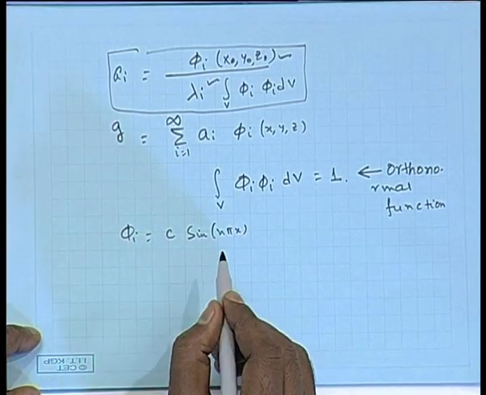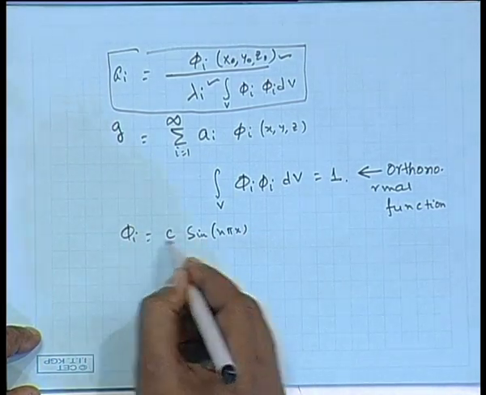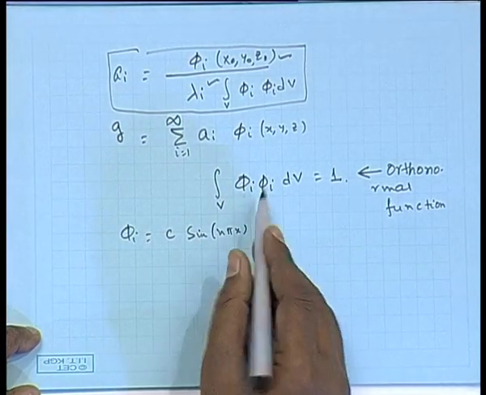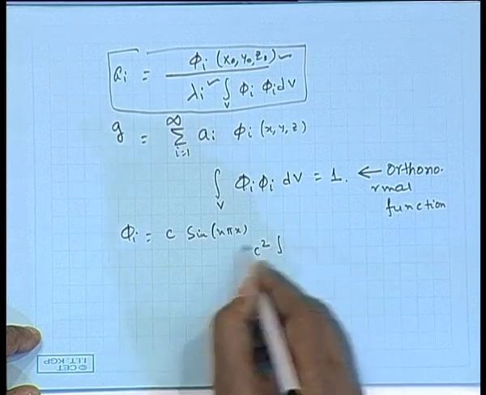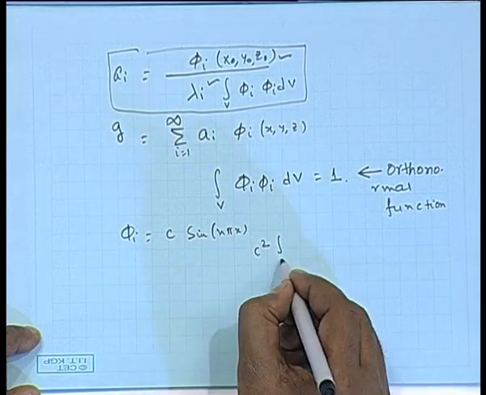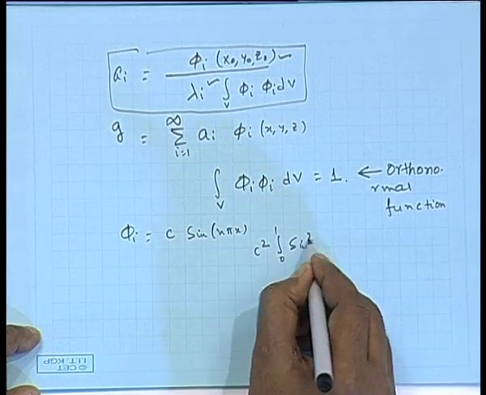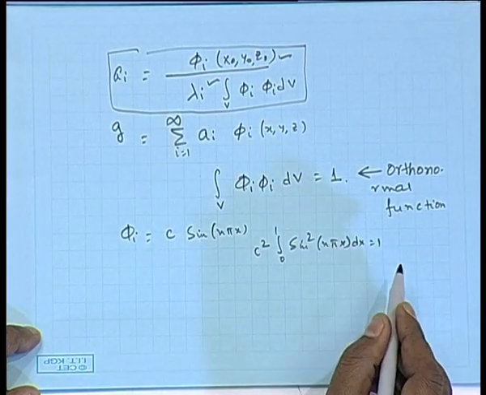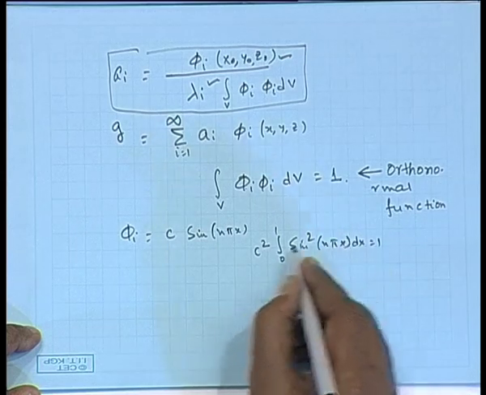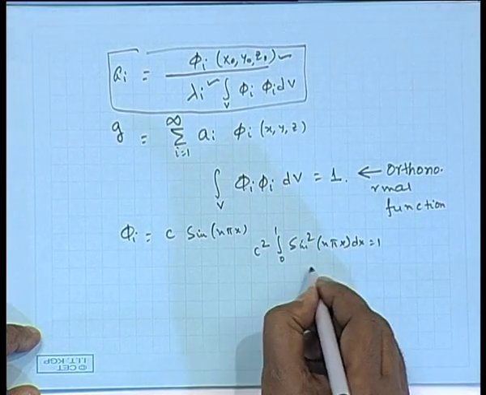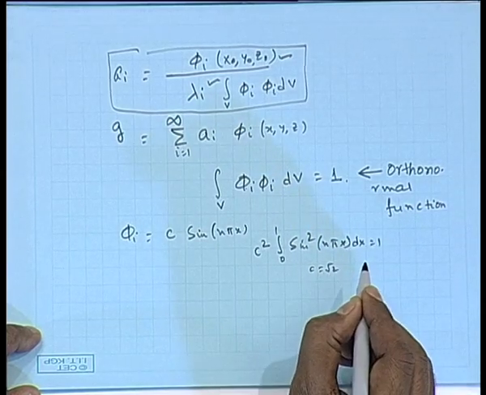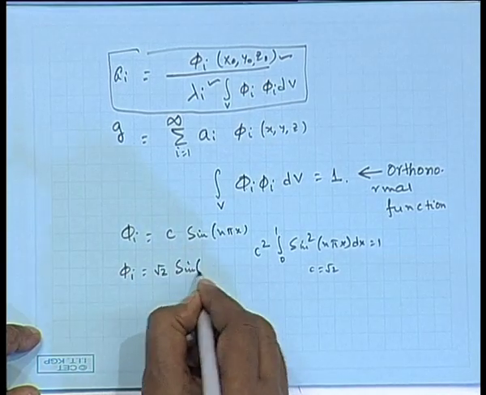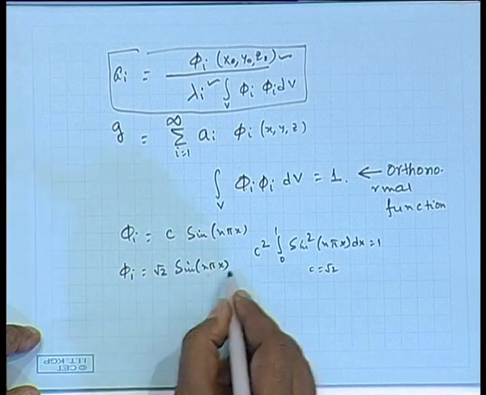Let us say in a one dimensional problem, if you force these eigenfunctions phi I to be orthonormal, it will be nothing but c square integral of sin square n pi x dx, with the domain of x from 0 to 1, equal to 1 for a one dimensional problem. Okay. So, what is this integral? This will be nothing but half. So, c will be root 2. So, phi I is equal to root 2 sin n pi x, which is basically an orthonormal function.